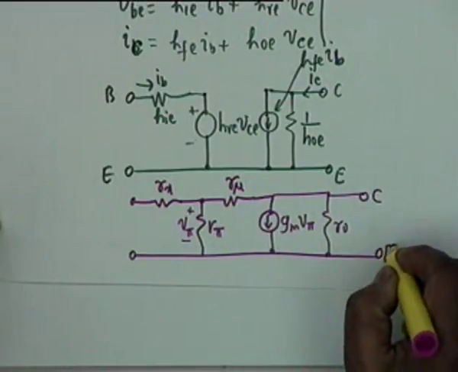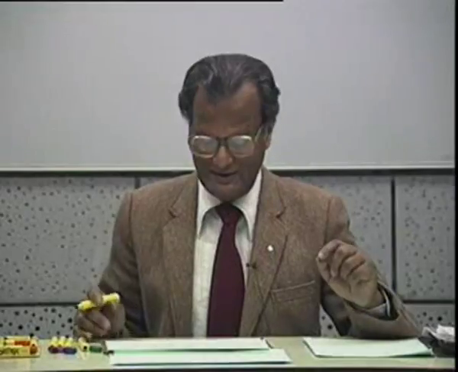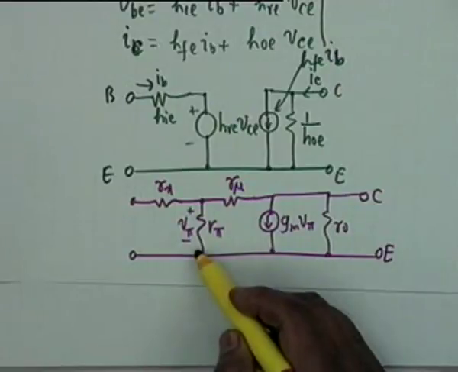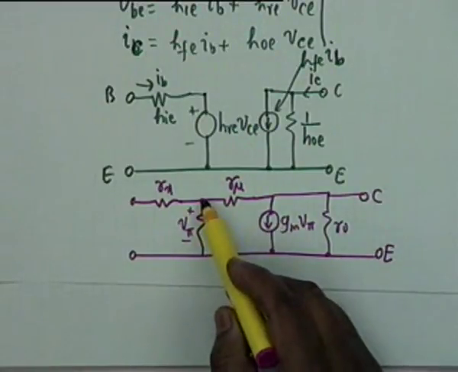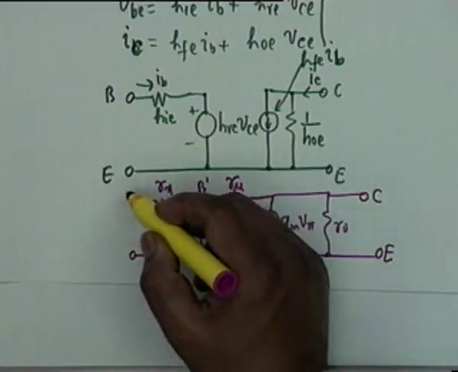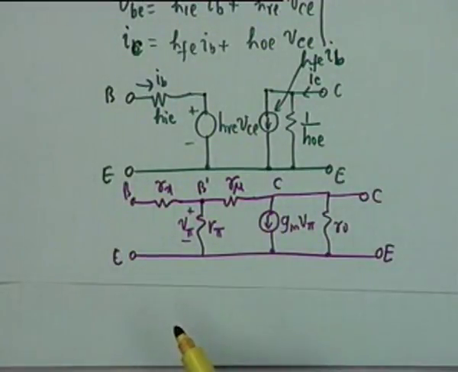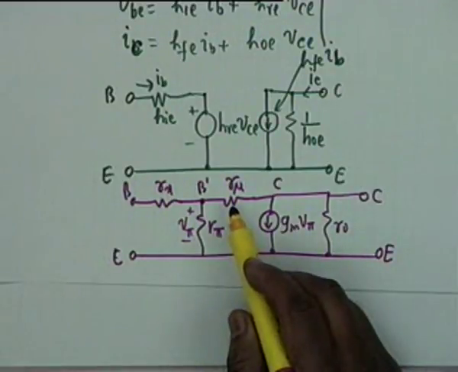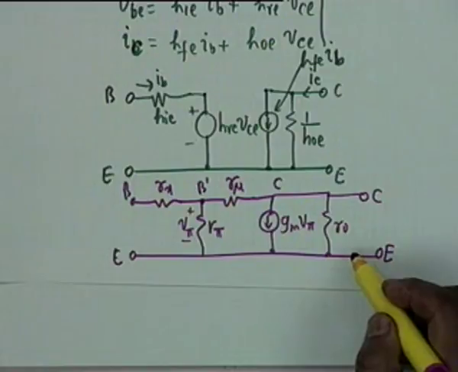Mind you, we are considering only mid frequencies. That's why no capacitor here. Otherwise, we shall have to complicate things by including a capacitor here between the terminals of R pi, which you shall call C pi, a capacitor here between the terminals emitter base prime B prime and C, which you shall call C mu, and a capacitor here which you shall call C0.